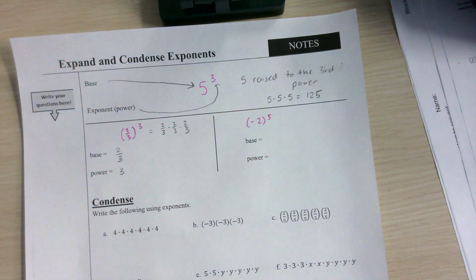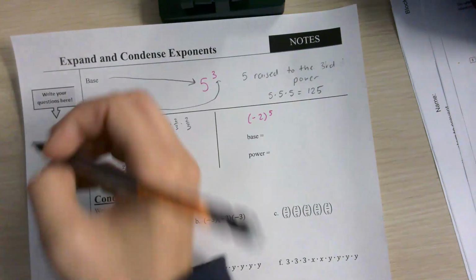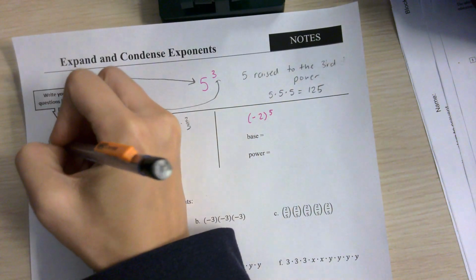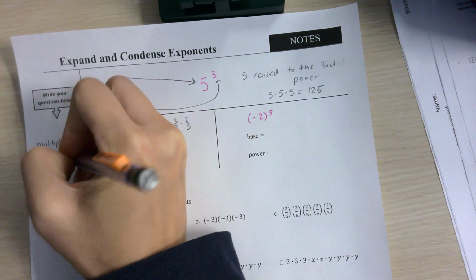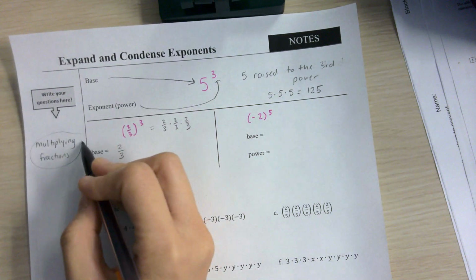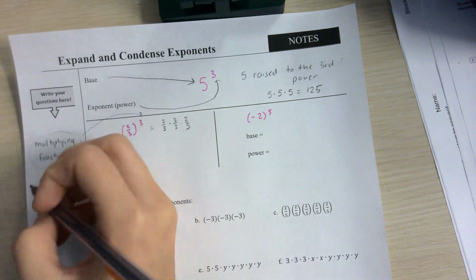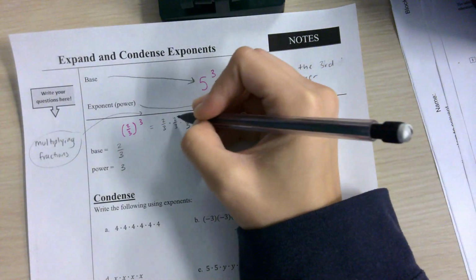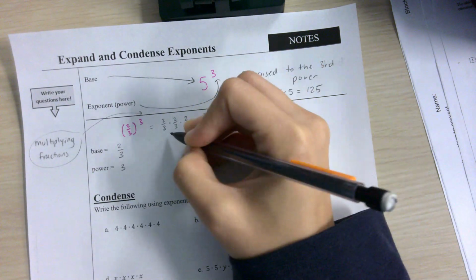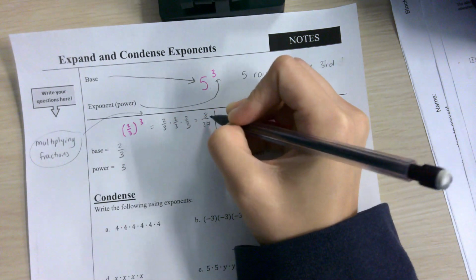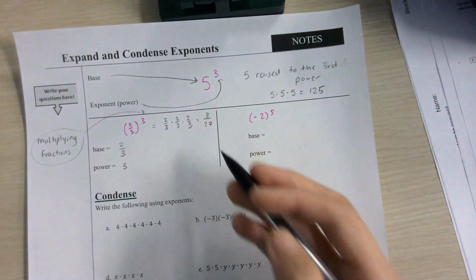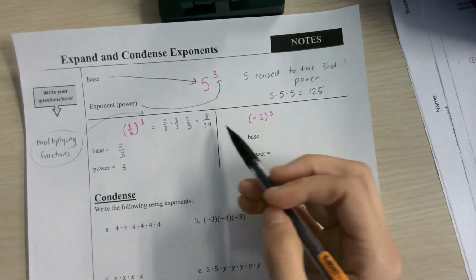And multiplying fractions, which is a vocab word, it's just multiply the numerators, you get 2 times 2 times 2 is 8. The denominators, you get 3 times 3 is 9, times 3 is 27, and it's not simplifiable. This is simplified already. So that's what that would turn into.